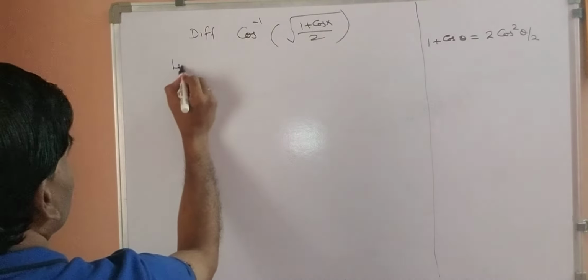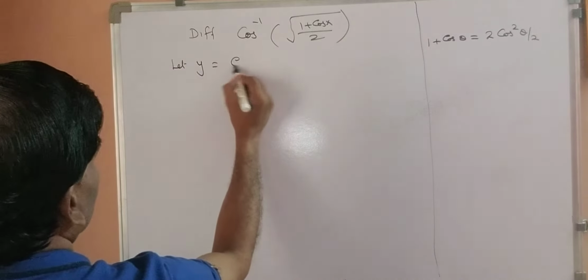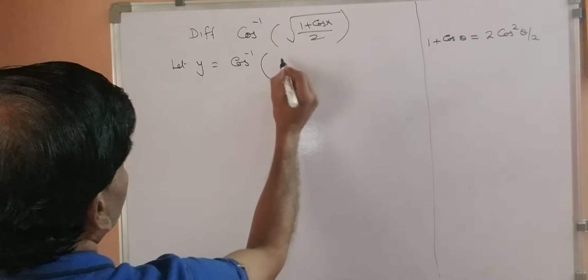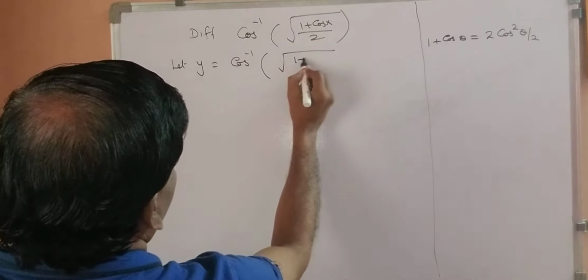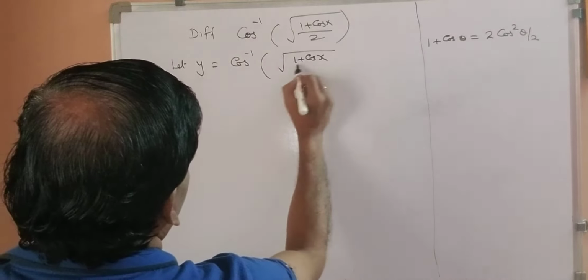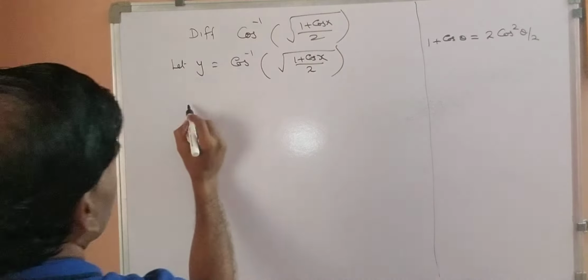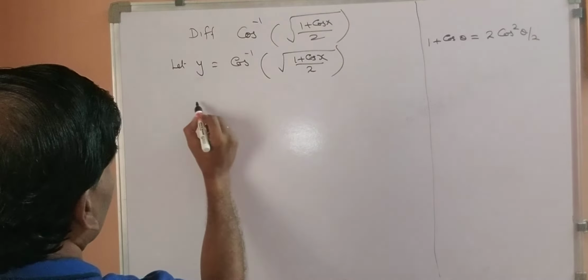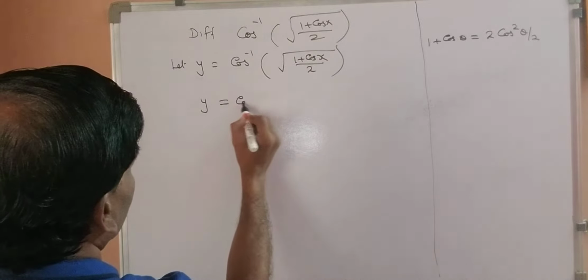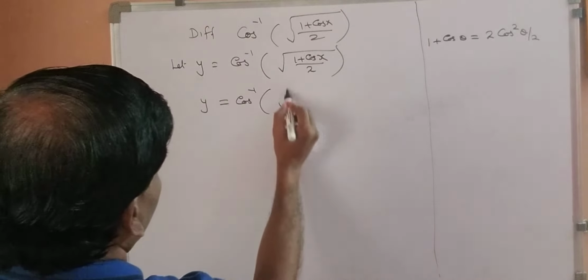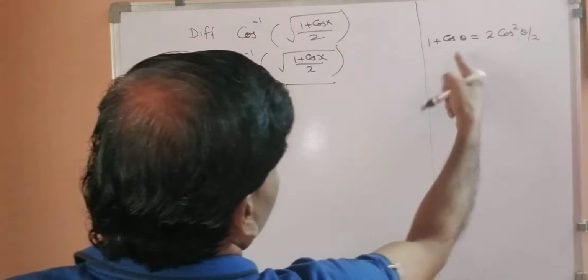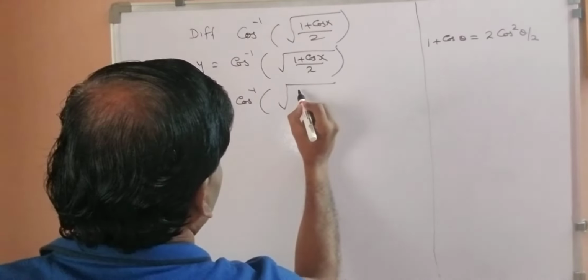Now let y equal to cos inverse square root of 1 plus cos x upon 2. Now listen very carefully. What is 1 plus cos x? 2 cos square x by 2.